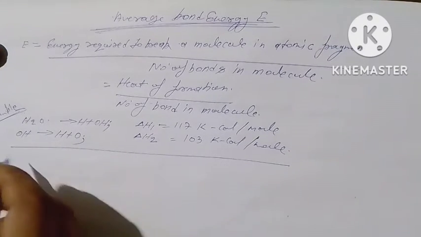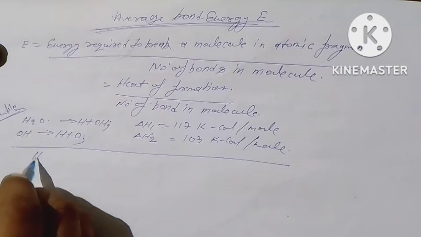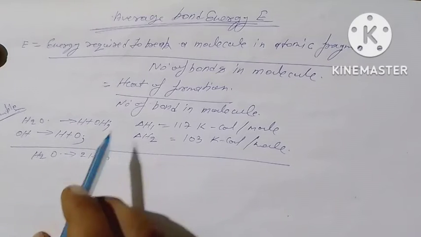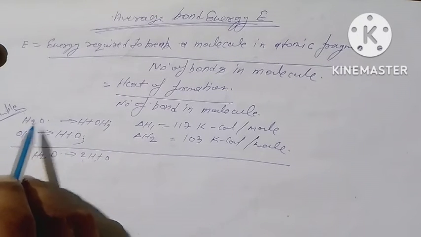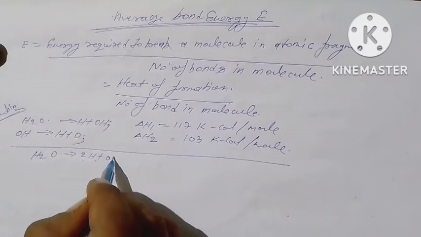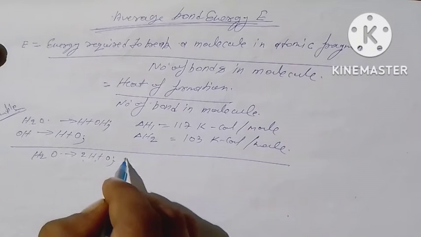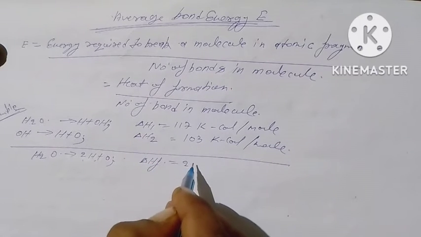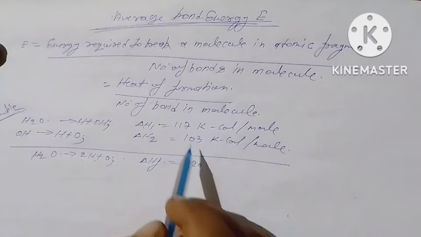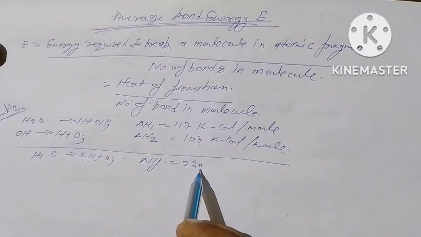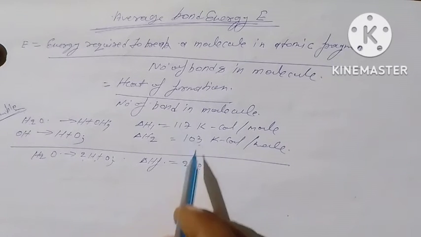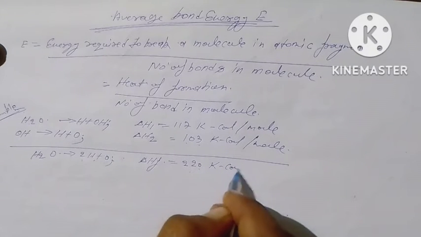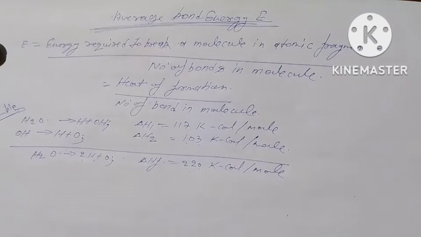And H2O, arrow 2H plus O, that is delta HF, heat of formation, equal to 220 kilocalorie per mole.